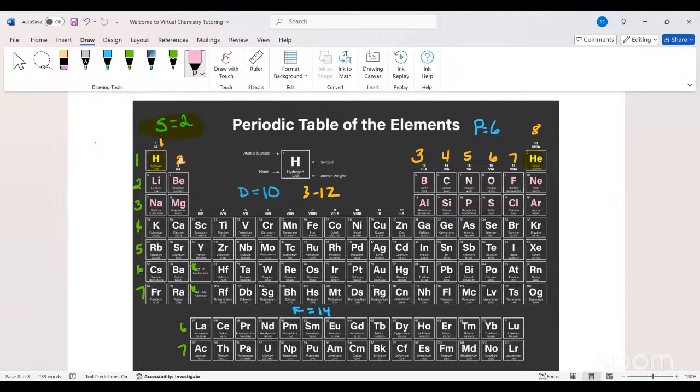Now, on the fourth energy level, you will have S's, D's, and P's, okay? Again, I know sometimes students are like, what? What in the world are you talking about? Electron configuration just simply tells us basically the social security number of that element, okay? That's pretty much what it is. It tells us the social security number for that element.